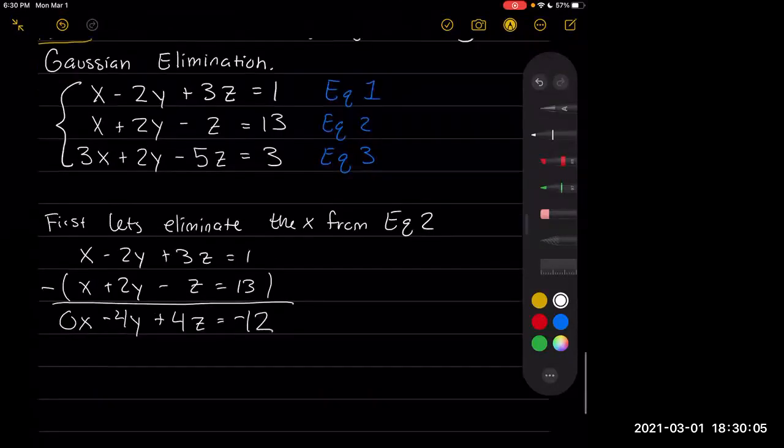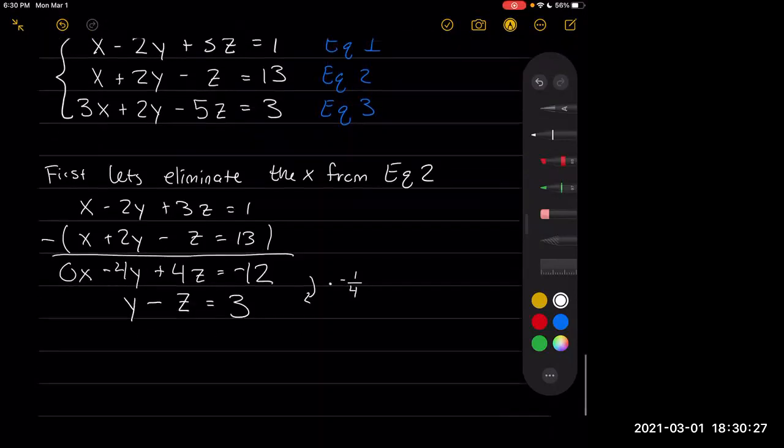All right, and now I'm just going to do a nice quick step, and we're going to divide the negative 4 out, which is the same as multiplying by negative 1/4, just because I see that this will yield a slightly cleaner equation. Okay, so now we need to rewrite our system with our new equation 2.